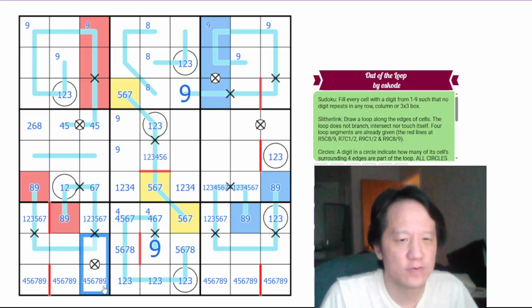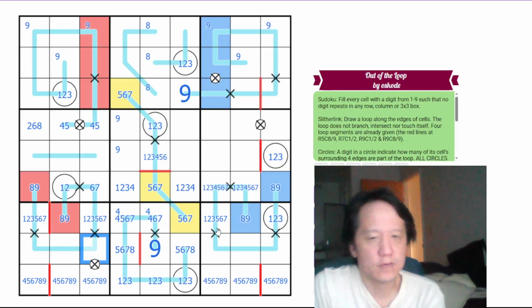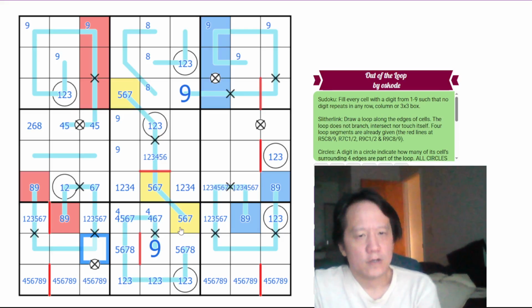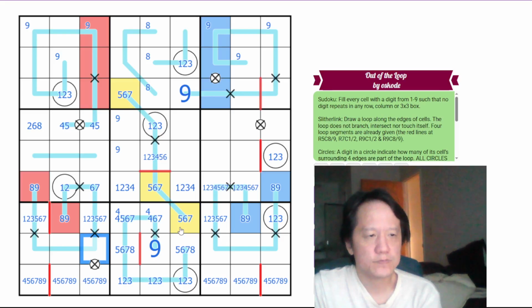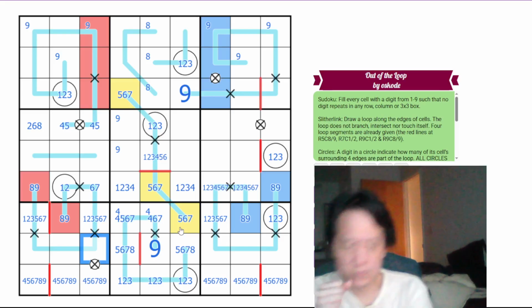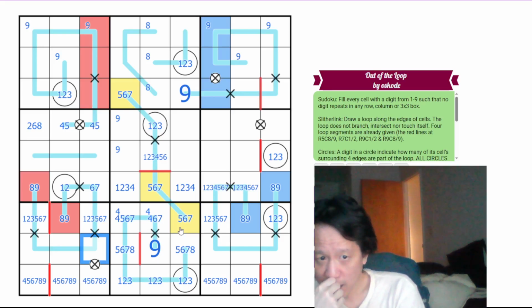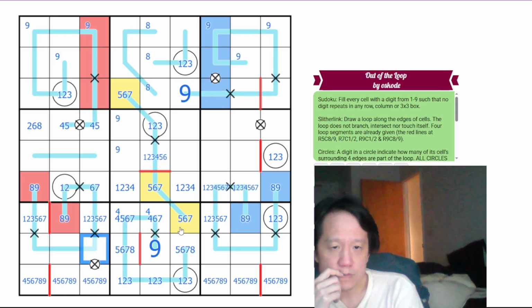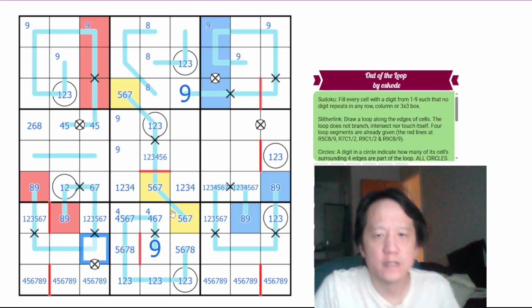These are consecutive. So this digit, 4 and 5. What else do we have?